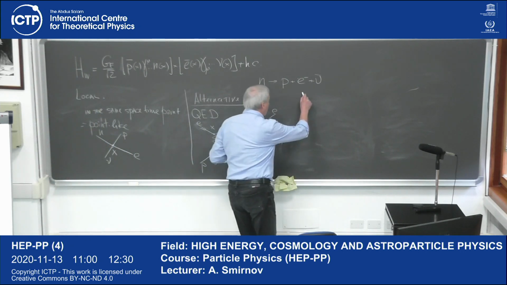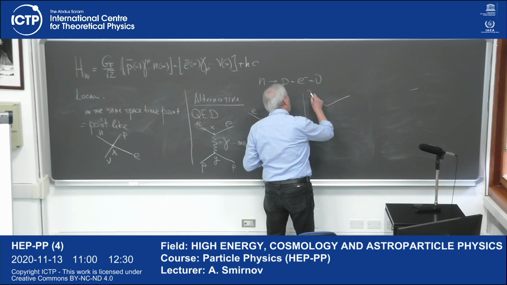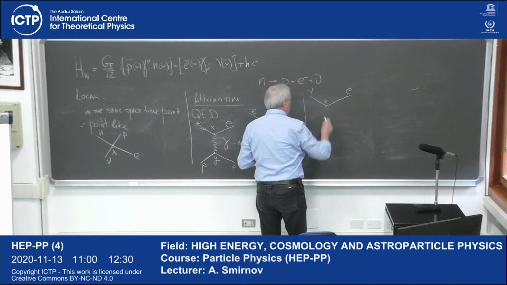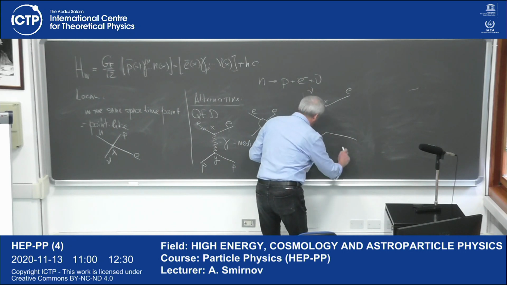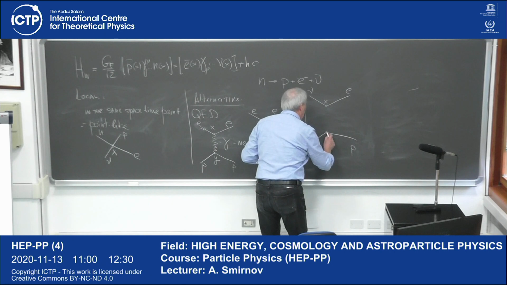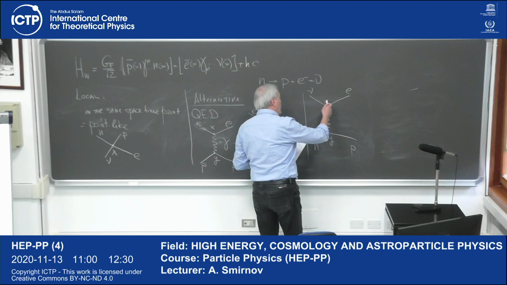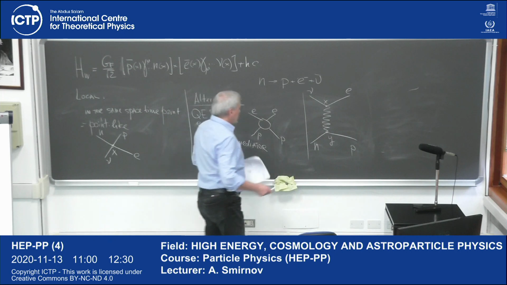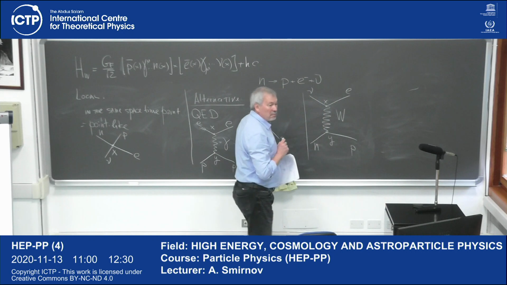So, in this way, one can think that the neutrino-electron current, taken at point x, interacts with the current of neutron and proton at another point y, and there is some mediator which connects point x and point y, and these mediators we denote as W bosons.